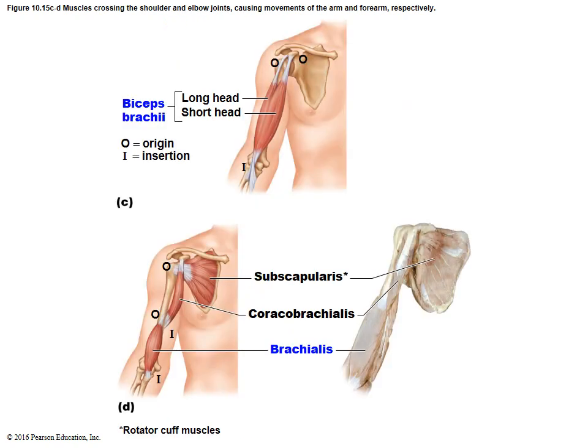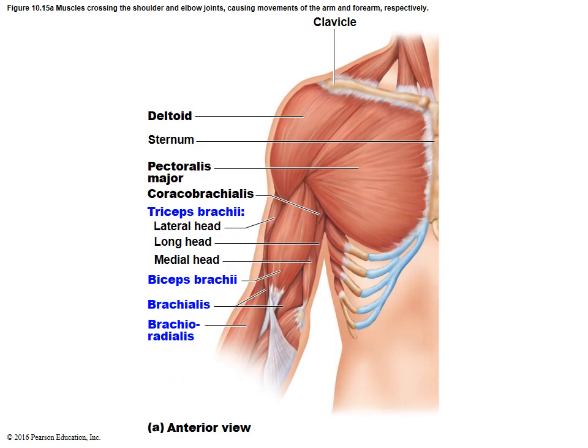Over here by the elbow, we can see our biceps, and we can also see our brachialis. Both of these are going to be our flexor muscles. On this illustration right here, we can also see that if we look towards the bottom part of our elbow, we're going to come across the brachioradialis, which is a really good example of a synergistic flexor because it's going to work together in conjunction with the brachialis and the biceps.